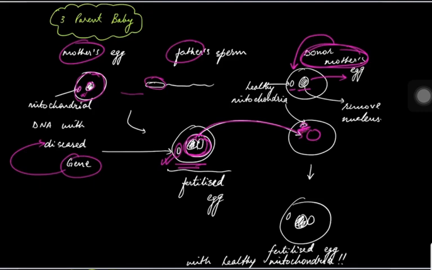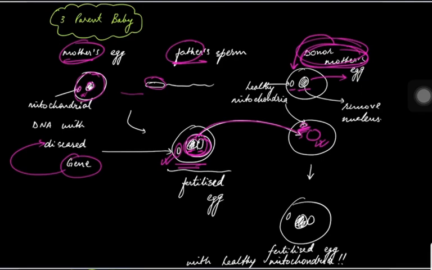Rather, the baby will have characteristics only from the mother and the father, because the nucleus is the fertilized nucleus of the mother's egg and the father's sperm. All right, and the mitochondrial DNA is the only healthy thing that has been taken from the donor mother's egg, and when this fertilized egg grows up, the individual will be all hale and hearty. All right, so this concept is known as the three-parent baby concept.